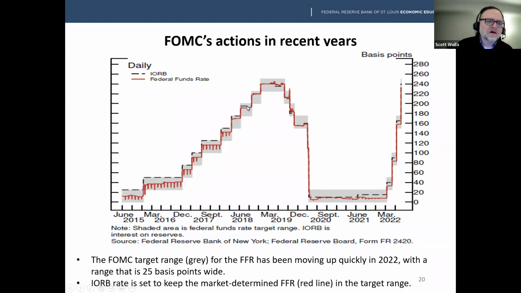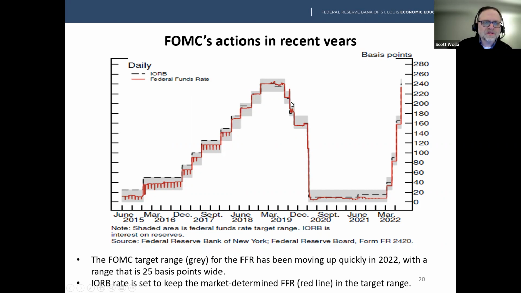And so starting here, the Fed keeps the interest on reserve balances rate not at the top of the range, but a little bit below. And you can see that the federal funds rate is trading almost at exactly the interest on reserve balances rate, right? We're seeing the gap close, so they're almost indiscernible.